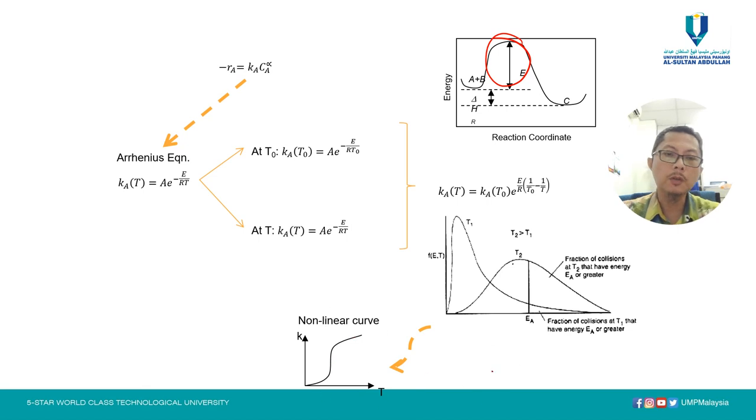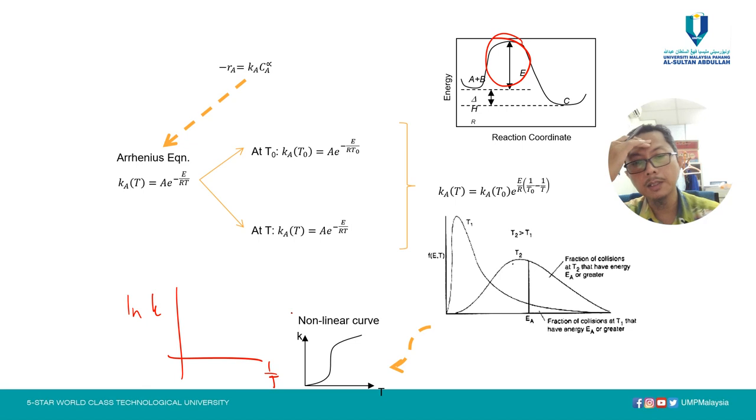And normally we plot ln K versus 1 over T. We will have a straight line.